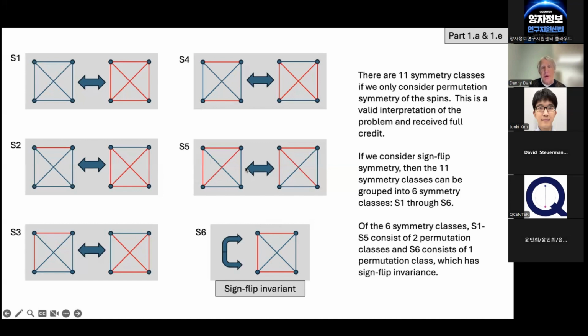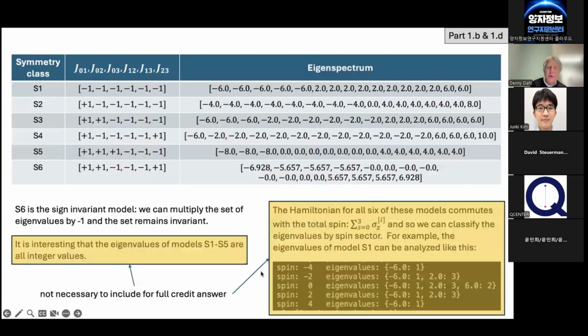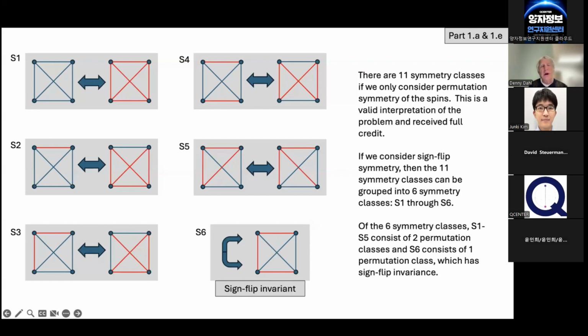But if you also count the sign flip symmetry, then these two become the same, these two become the same, and so on, and this one is actually sign flip invariant, because if I turn these three antiferromagnetic couplings into ferromagnetic couplings, I can then permute the spins and convert that into itself. So at any rate, whether you said 6 or 11, I gave you full credit for answering this problem.